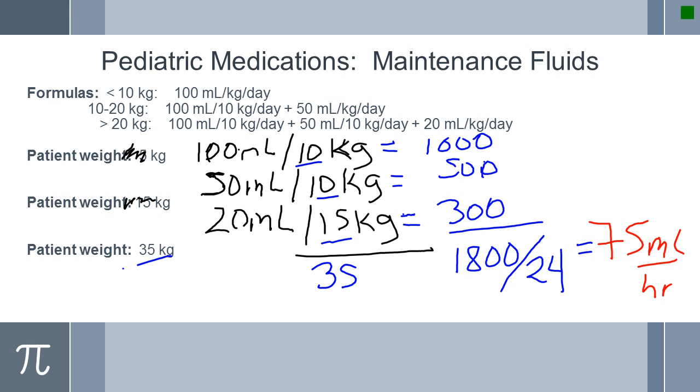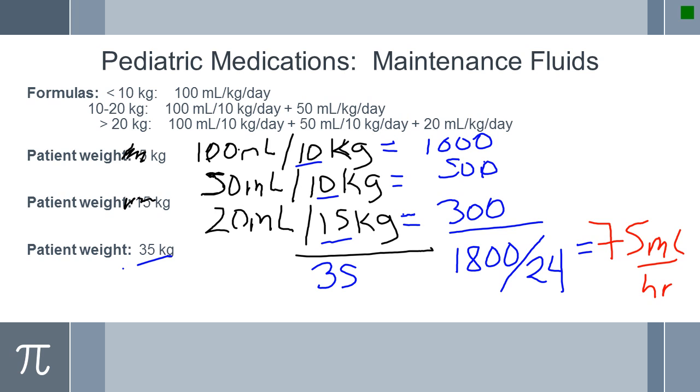So what I end up with is 100 times 10, which is 1,000 milliliters. Here I've got 50 times 5, which is 250 milliliters. So I end up with 1,250 milliliters.